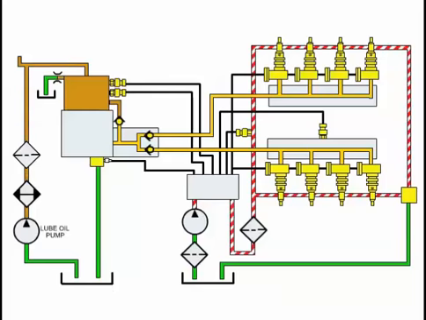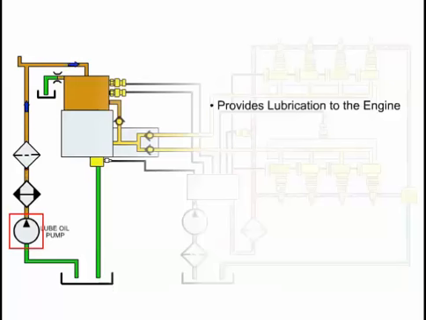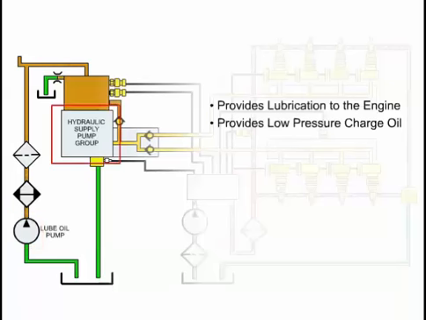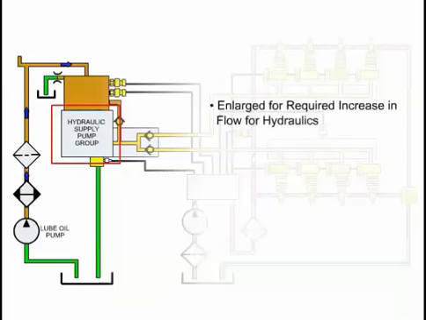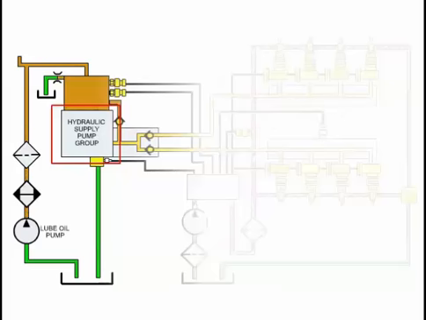In the HEUI-equipped engine, the lubrication pump has two functions. It provides lubrication to the engine, and it provides low-pressure charge oil to the HEUI hydraulic pump. The engine lubrication pump has been enlarged to provide the required increase in flow for the hydraulics. The hydraulic pump has a cold start oil reservoir.